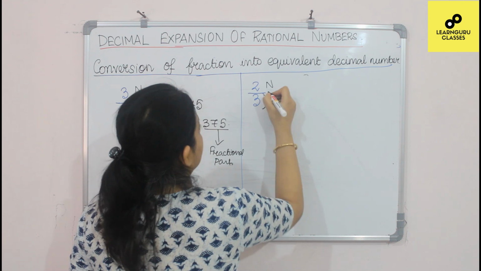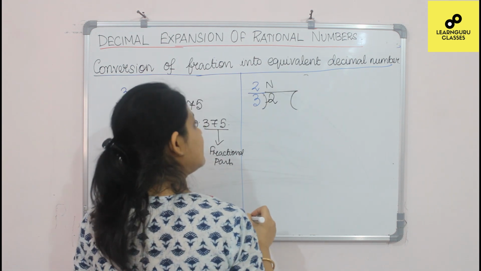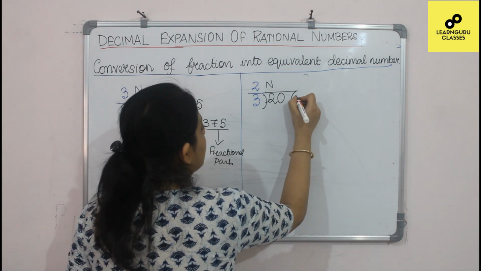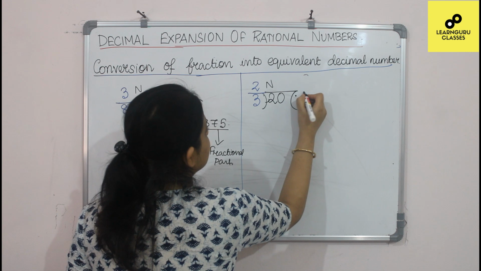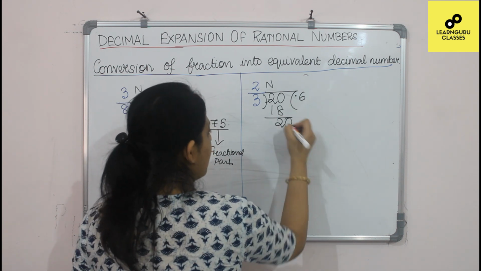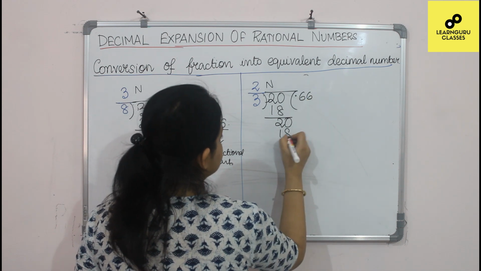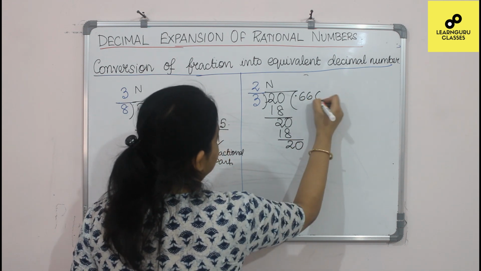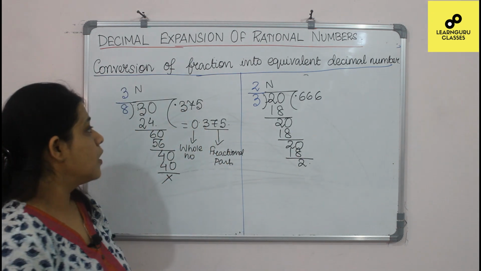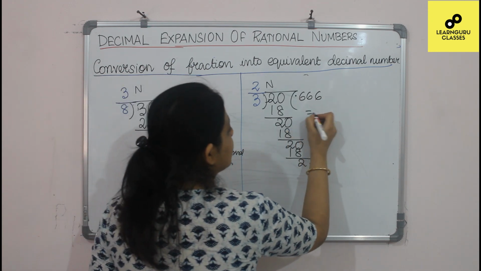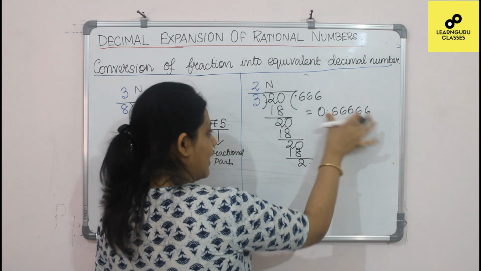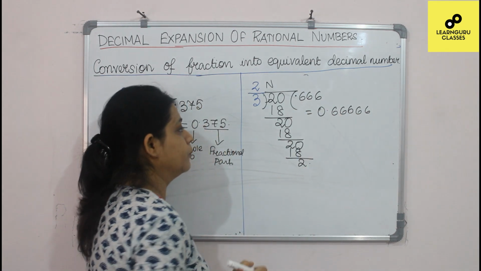This is 2, and 2 is less than 3, so you put a 0 over here, and here is the point. 3 6s are 18, again you are getting 2. So again you put a 0. 3 6s are 18, so again 2. Repeatedly you are getting the remainder as 2. So from that we can write 0.666666. Let me write up to this, afterwards I will explain.